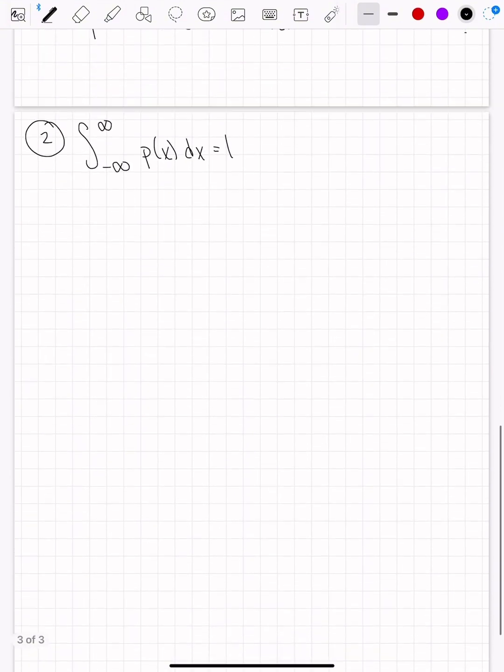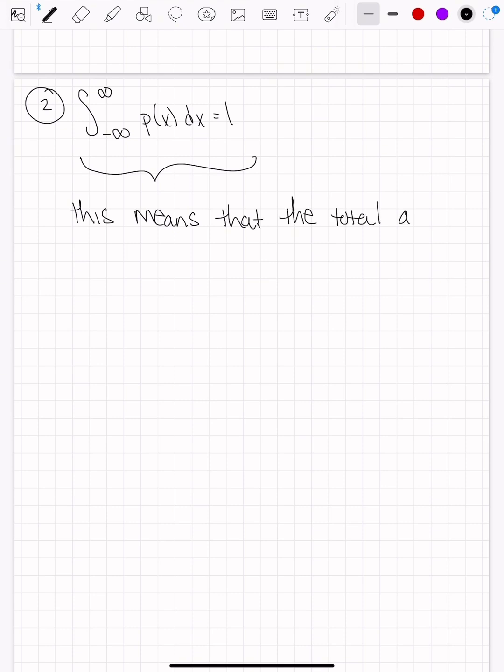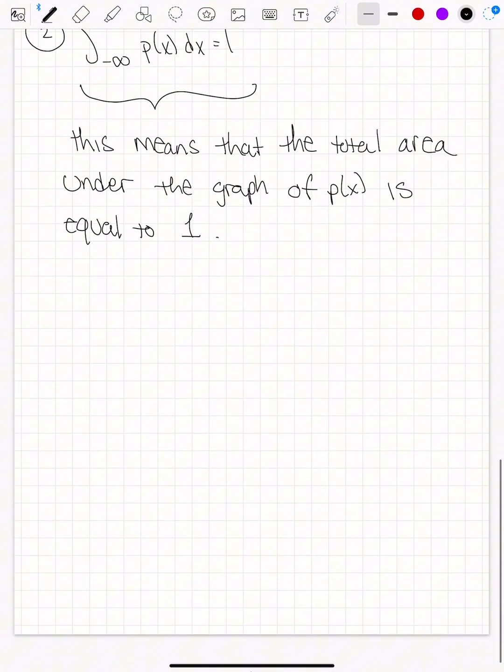So this means that the total area under the graph of p of x is equal to 1, right?